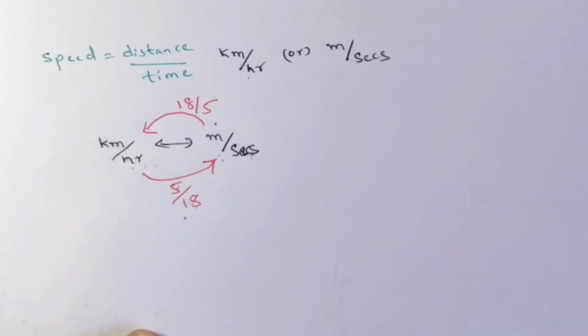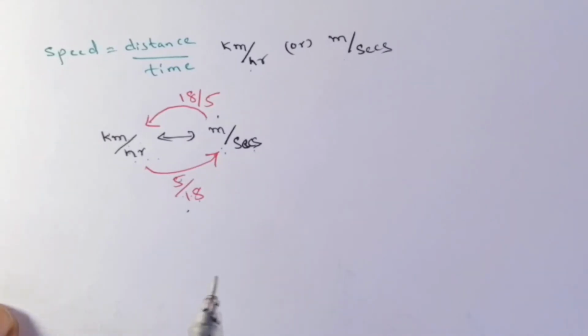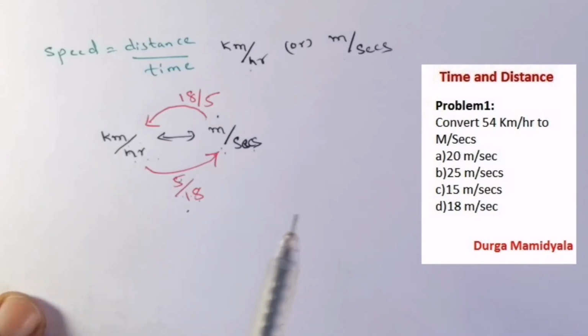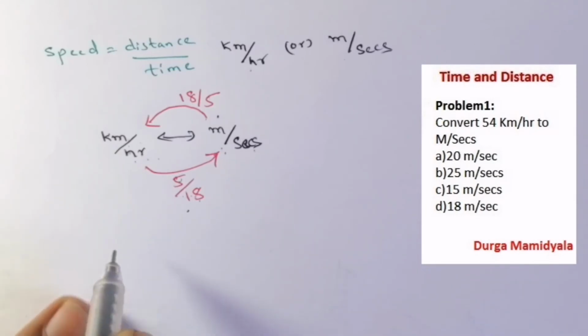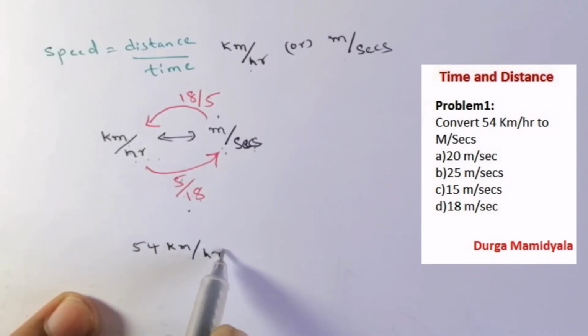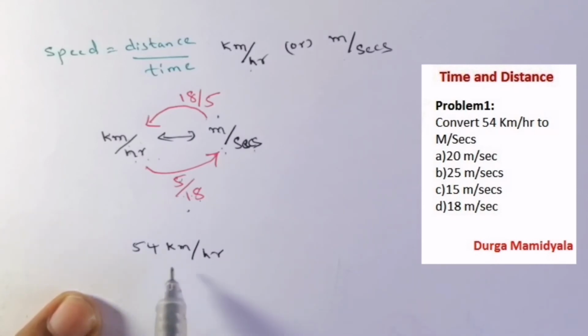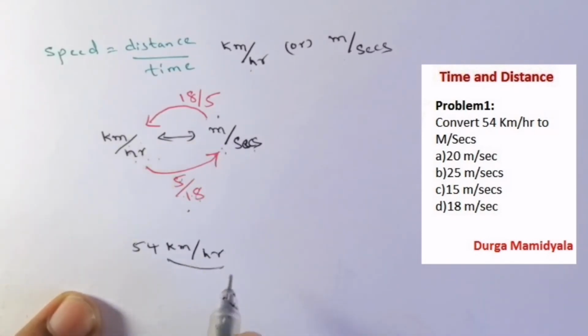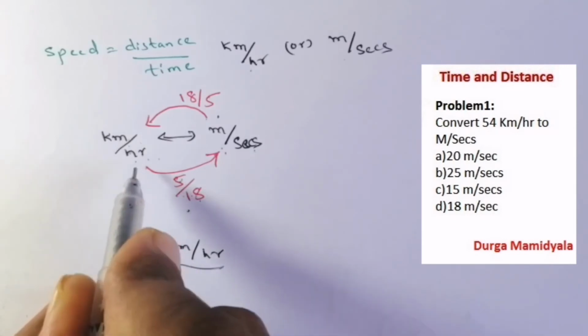Suppose you are given a problem: convert 54 kilometer per hour to meter per second. What value have we been given? 54 kilometer per hour. To convert kilometer per hour to meter per second, you have to multiply by 5 by 18.